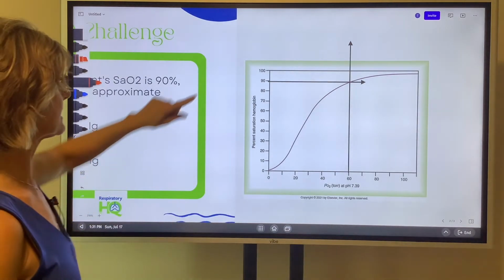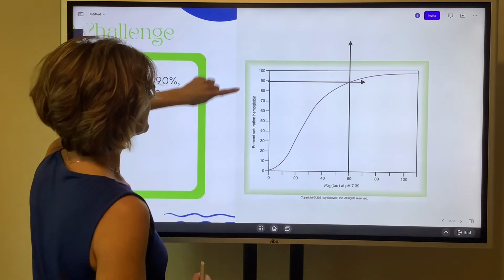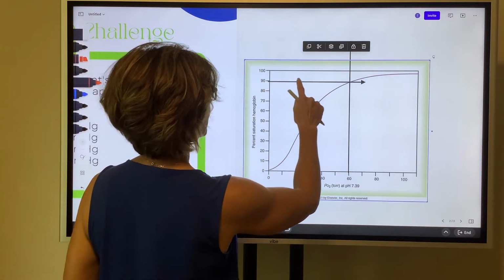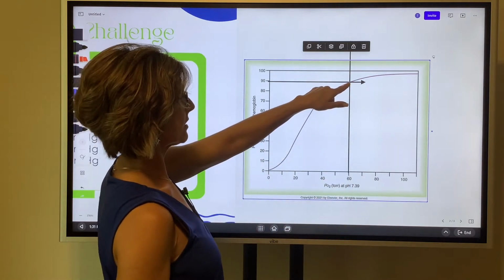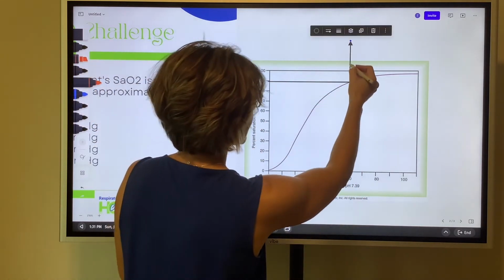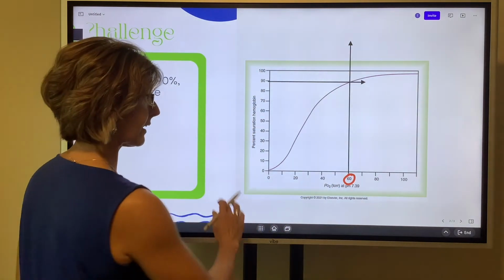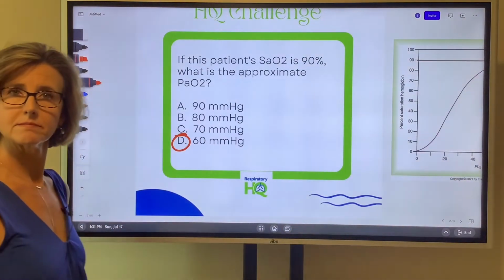So here's the saturations, here's the PaO2. If our saturations are 90 and you travel that across to where it comes in contact with the curve, and you draw a line straight down, that tells us that the PaO2 is about 60.